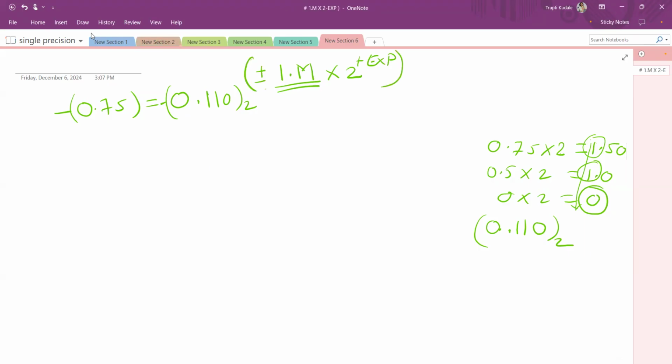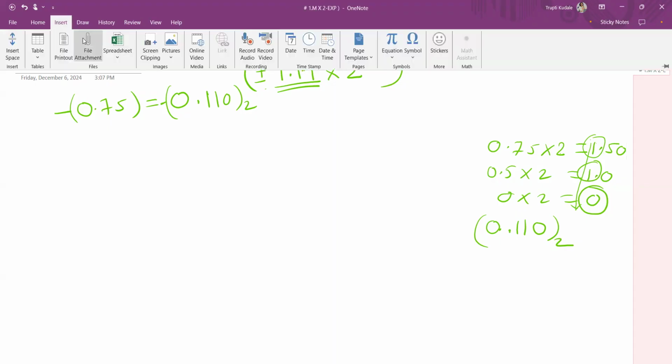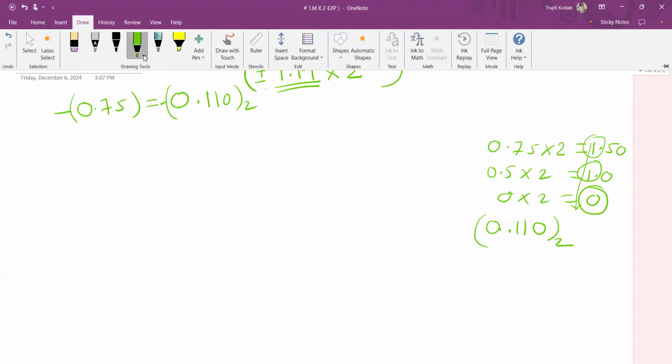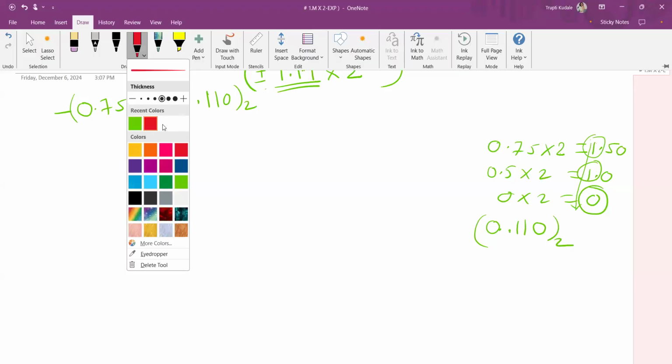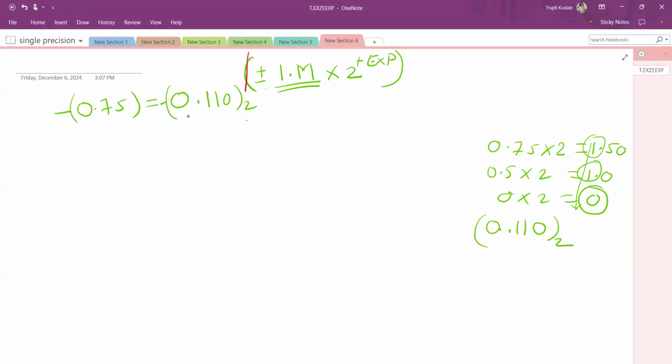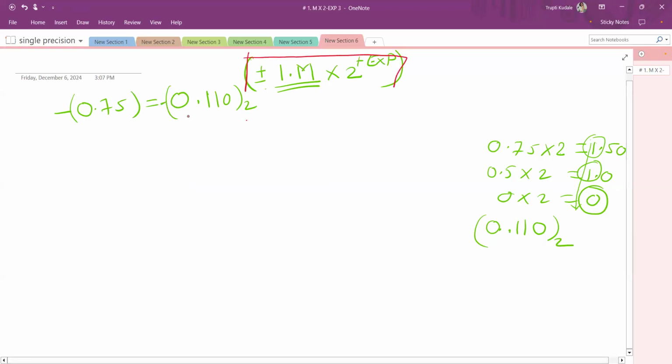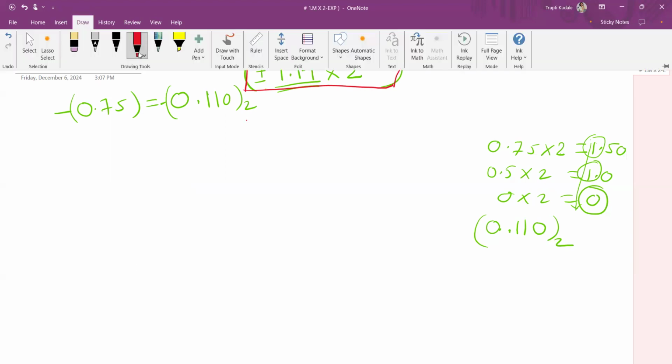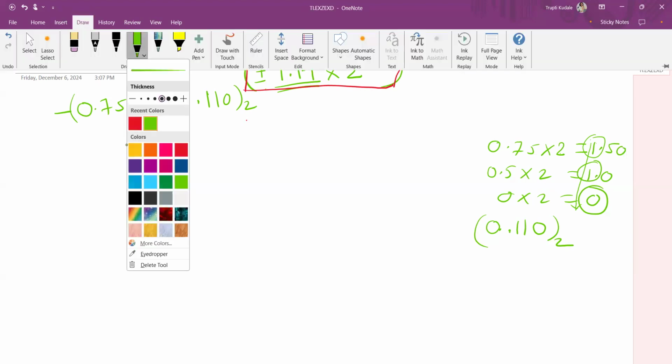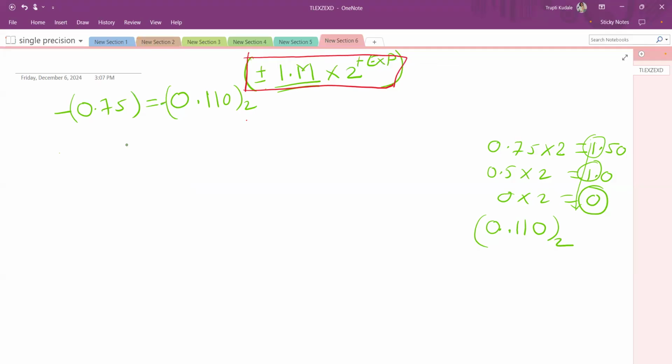So this is important to be noted. Now represent this number in this format.